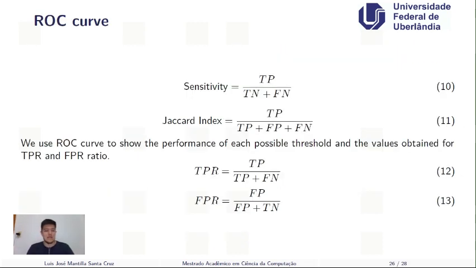Well, and to compare the results, we can also use the ROC curve to show the performance at the possible thresholds using some values. Well, the ROC curve is built using the true positive rate versus the false positive rate.